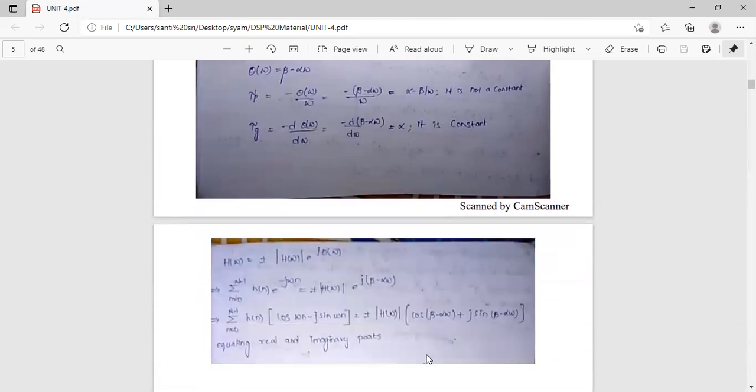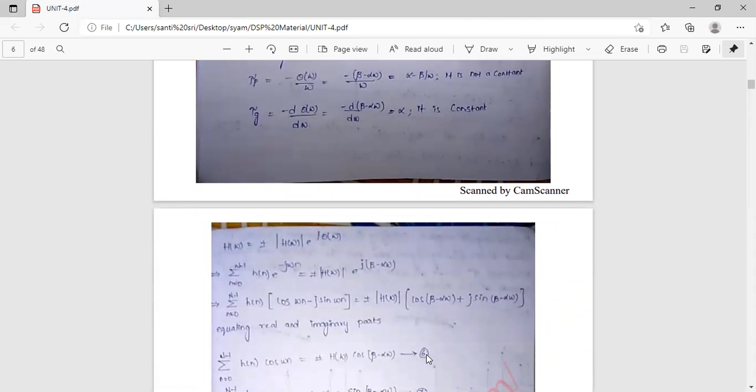So H of omega equals plus or minus mod H of omega into e power j theta of omega. Sigma n equal 0 to N minus 1 of h of n into e power minus j omega n is equal to plus or minus mod H of omega into e power j theta of omega, where theta of omega is beta minus alpha omega.